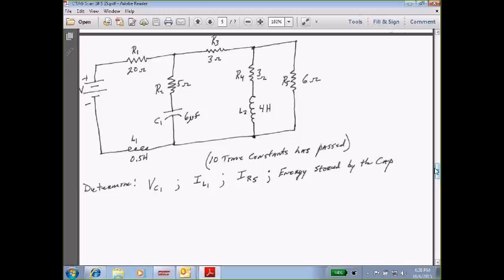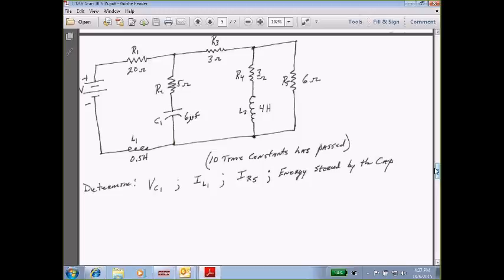Okay. So now let's look at the voltage for R1. The voltage for R1, as a series resistor, would be 2 amps times 20 ohms. That'd be 40 volts.